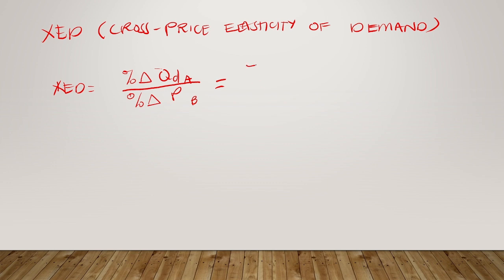If the answer is negative, it will automatically be a complement. So in a quiz or exam, if you are asked to solve for the XED, or the cross price elasticity of demand coefficient, and identify if it's a complement or substitute, once you get it, for example your answer is negative 0.3, since it's negative, therefore it's a complement.